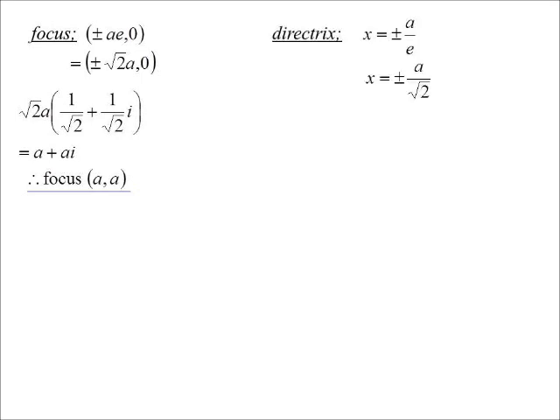The directrix, a little bit more work involved to work this one out. It was the line x equals plus or minus a on e. So again, we know the eccentricity is the square root of 2. Our directrices, before we rotate, are parallel to the y-axis.